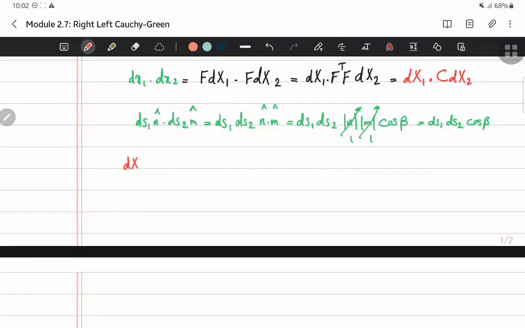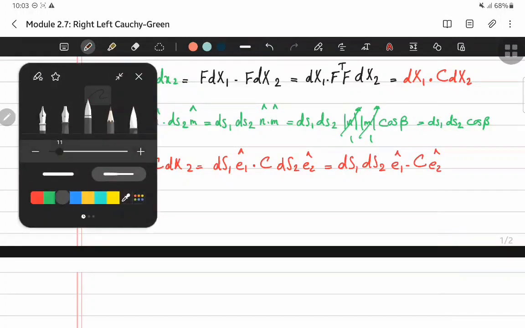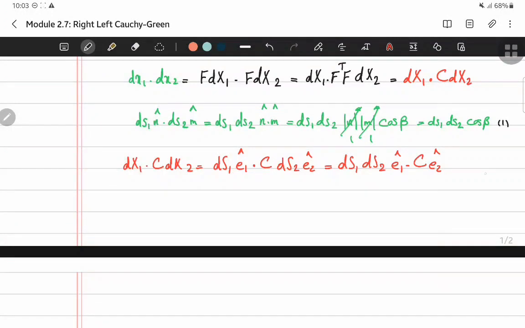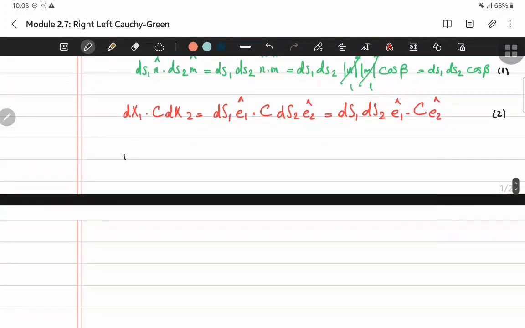So I have dx1 dot C dx2, which is equal to ds1 E1 dot C ds2 E2. So I can write this as ds1 ds2 E1 dot C E2. Now I have 1 and 2, so 1 is equal to 2. Therefore, this is nothing but C12.